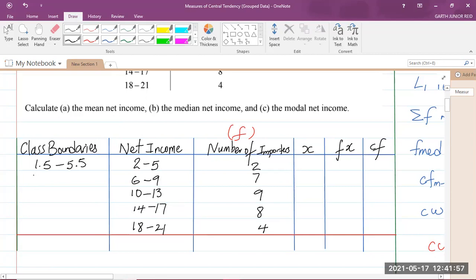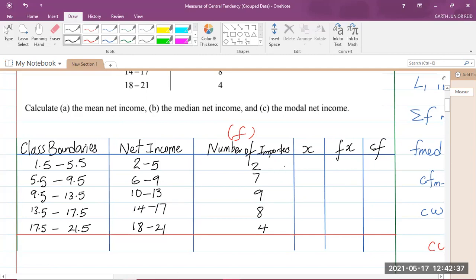Then 6 minus 0.5 is 5.5 to 9 plus 0.5, that's 9.5. 10 minus 0.5 is 9.5 to 13.5, adding 0.5 to 13. 14 minus 0.5 is 13.5 to 17 plus 0.5, that's 17.5. 18 minus 0.5 is 17.5 and 21 plus 0.5 is 21.5. Those are the class boundaries.